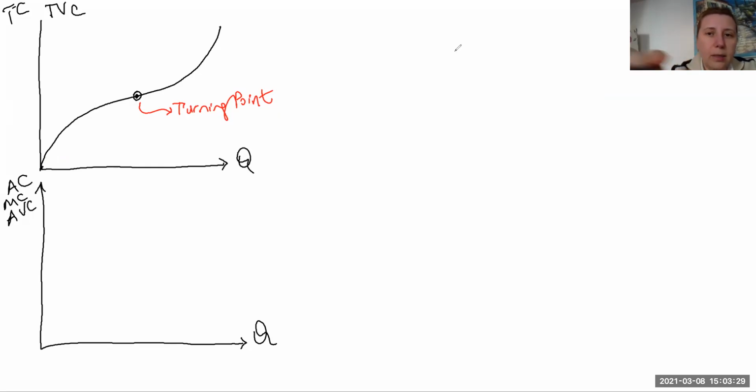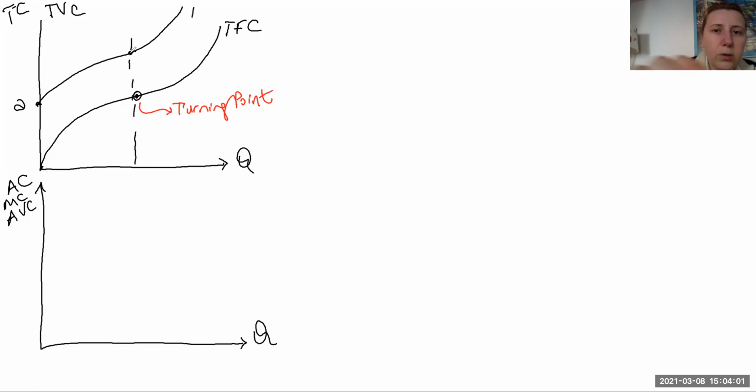And let's draw the total cost function, which starts from the total fixed cost. Here we have the coefficient A, which was the total fixed cost in our function. Again, until the turning point it increases diminishingly and then it increases increasingly.